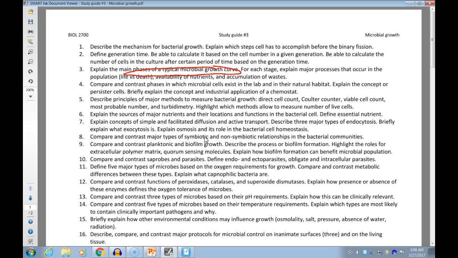Does that make sense? Is there, between lag, log, death, and so on, one that produces more waste than the other? Oh, it's a great question. Dying off, would that contribute to the waste? I cannot tell you. I can tell you dead cells may contribute to the death of other cells, but essentially when cells replicate actively and grow actively, they produce more.